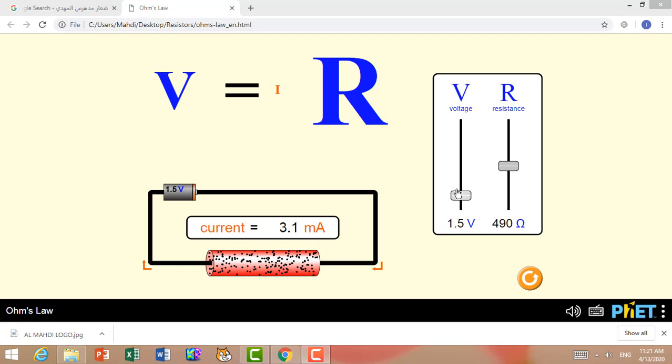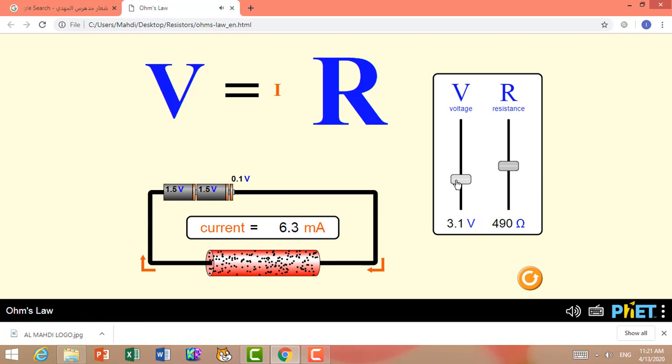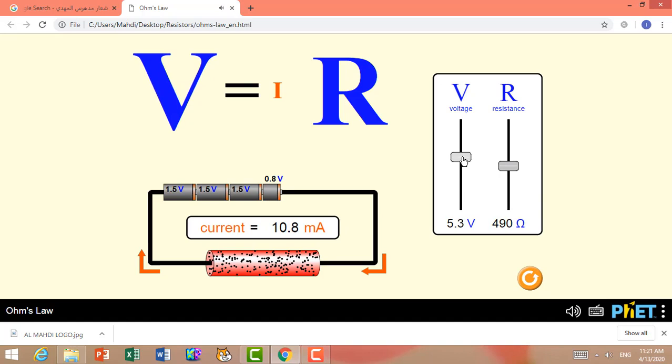Now let's watch this simulation that shows the relationship between the three factors. As we increase the voltage, the current increases. Now the voltage is equal to 3 volts, the current is equal to 6.1 milliamperes. As we increase the voltage more, the current carried by the resistor increases more.